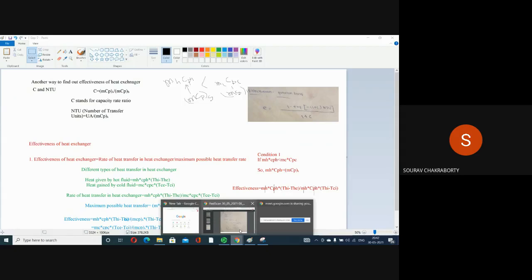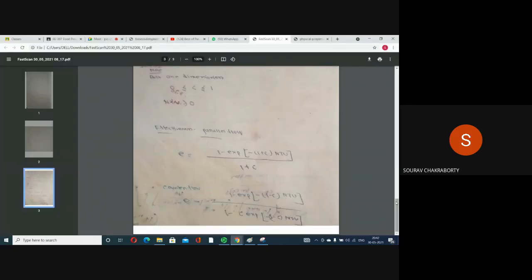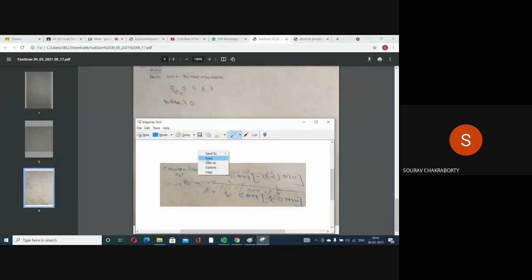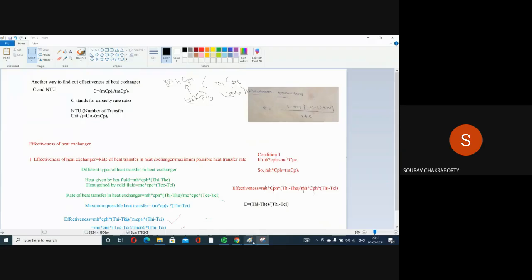And if you have a case like counter flow, in that case we can determine with the help of this equation. Write down here: if you have a counter flow, we can determine on the basis of this, 1 minus exponential of minus 1 minus C NTU, divided by 1 minus C exponential of minus 1 minus C into NTU.